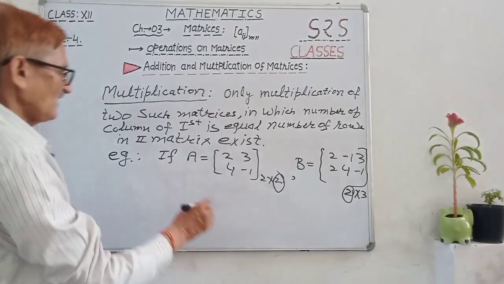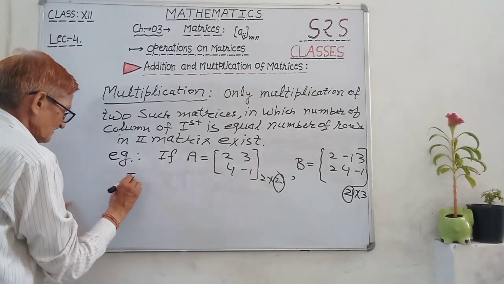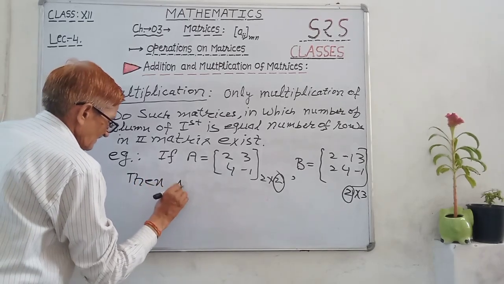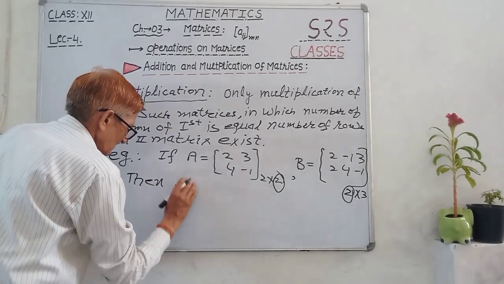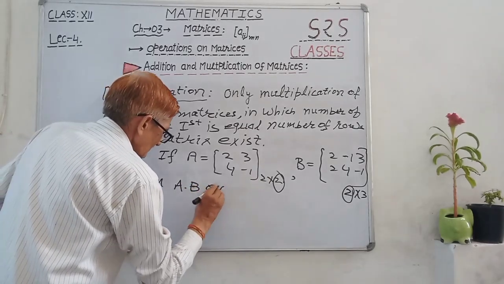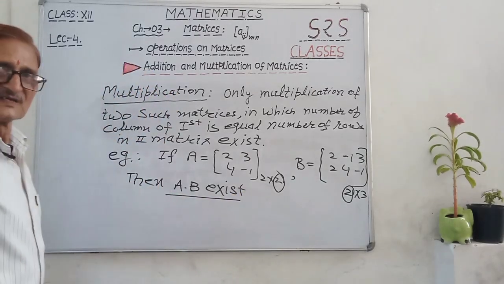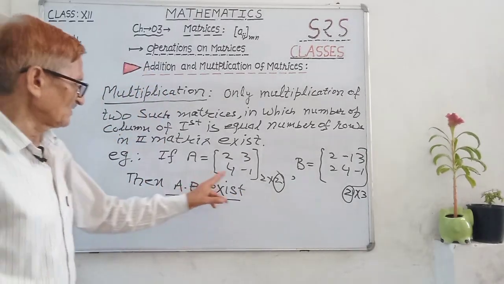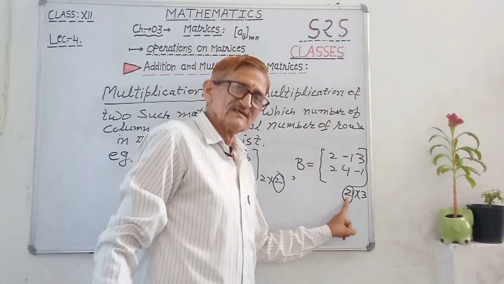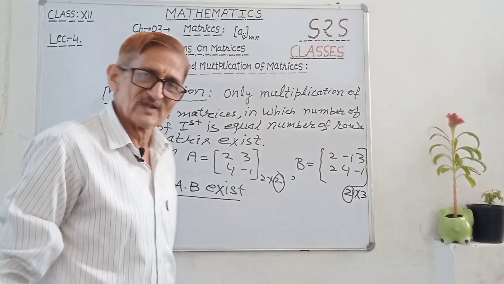Then we have to say, for example, if A be this, then A into B exists. First this; if here number of columns is 2 and here number of rows is 3, then we can't multiply.